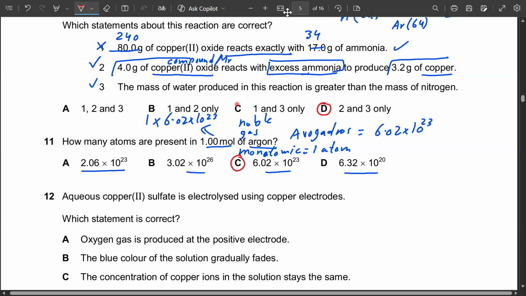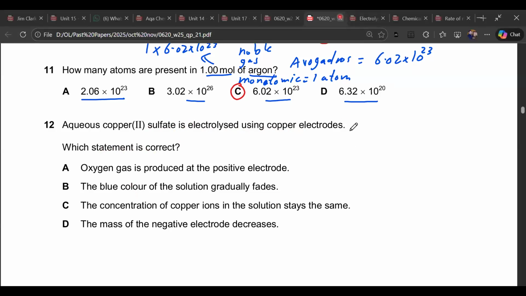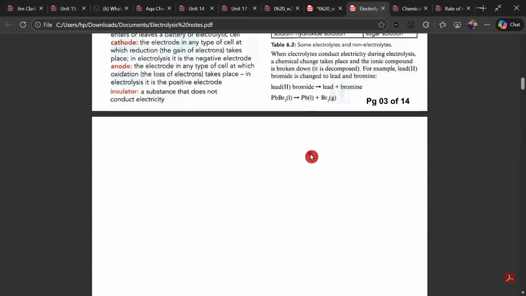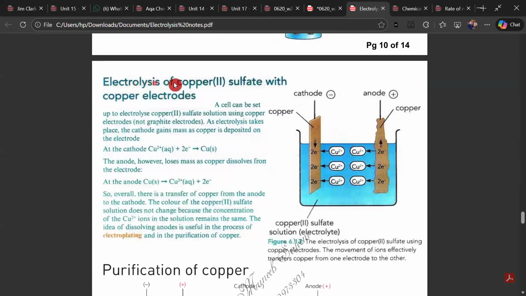Now, our next question, number 12. Aqueous copper sulfate is electrolyzed using copper electrodes. Which statement is correct? To recall this topic, I need to show you this same topic from my IGCSE notes: the electrolysis of copper sulfate using copper electrodes.